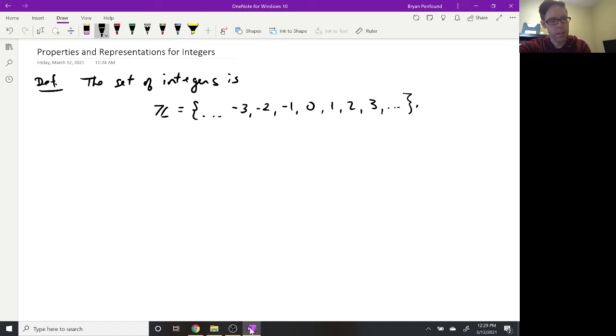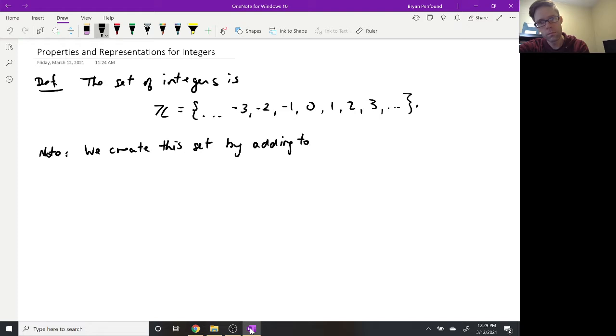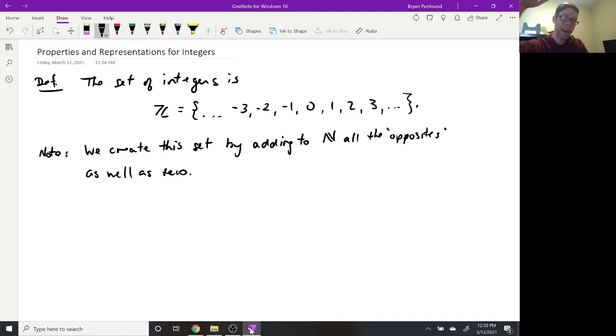And just a couple things to note here. Essentially we take the natural numbers, or the number set we've been working with so far, and we add to the natural numbers what we call the opposites of those numbers.